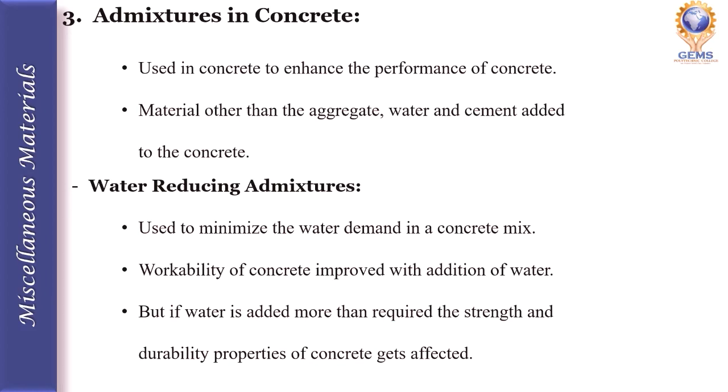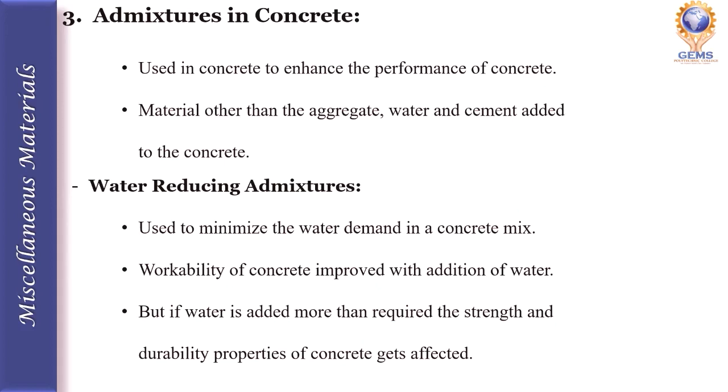The first admixture is water reducing admixtures. As the name itself suggests, they are used to minimize the water demand in a concrete mix. The workability of the concrete is an important property which is improved with the addition of water.